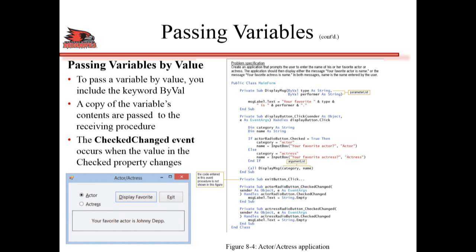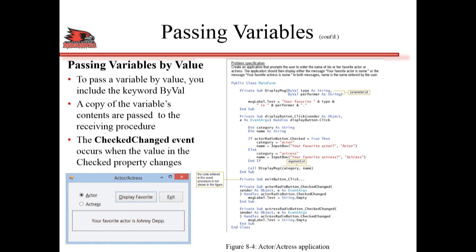Now, the category, or the first argument in the call statement, is the type parameter in the procedure. So once the program encounters this, it takes in the value whatever's in category, and it might be actor or actress, and takes that string and assigns it to the type string in the procedure, the type parameter.